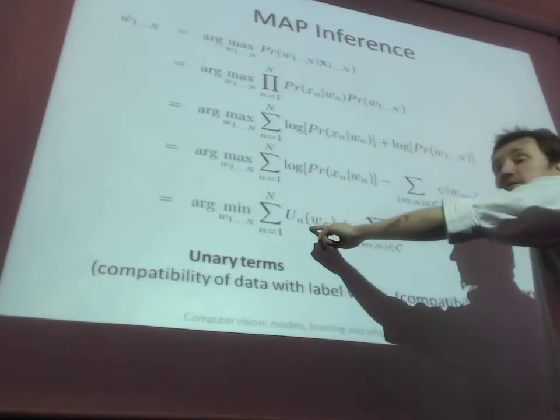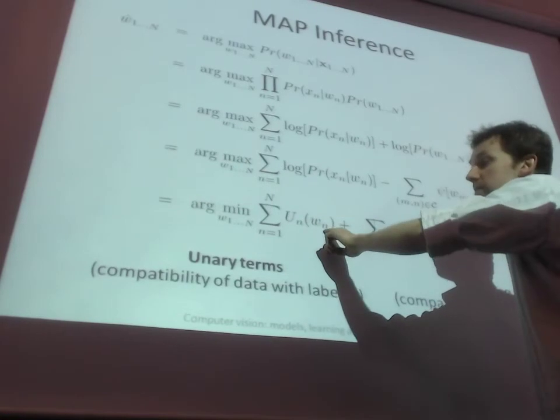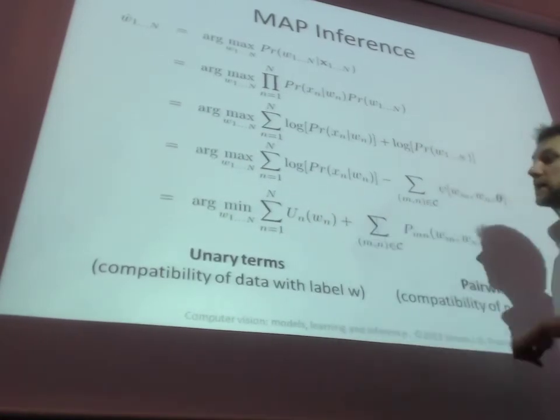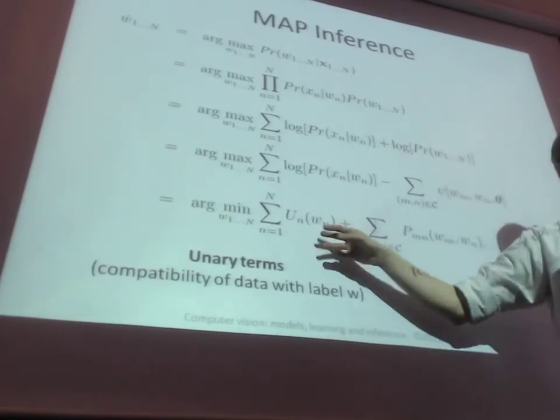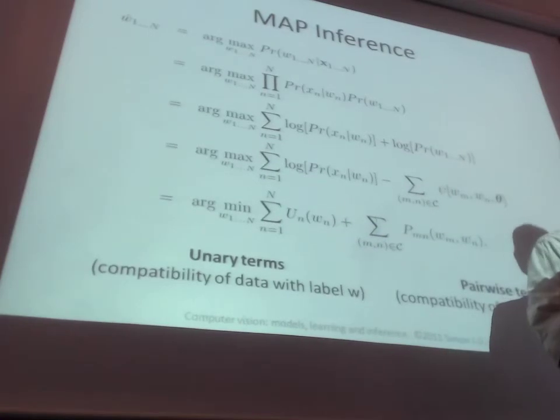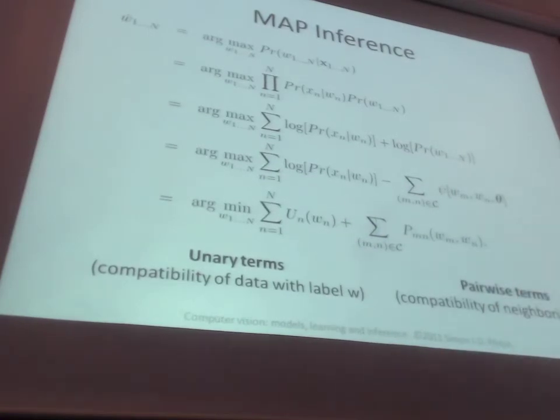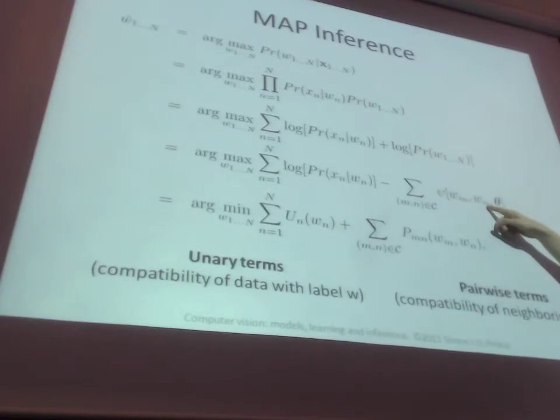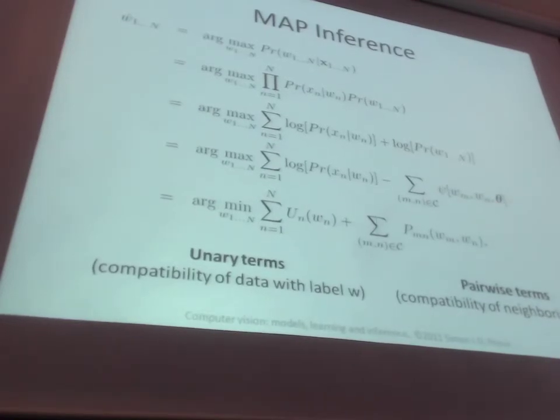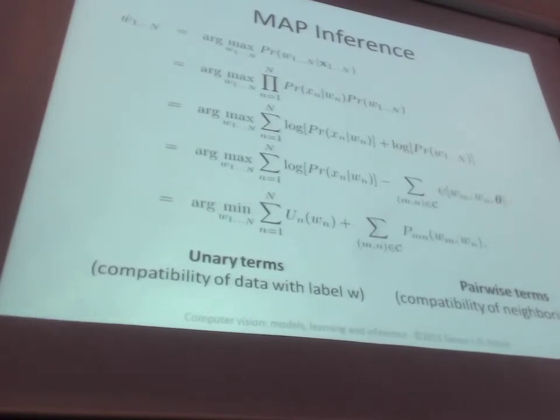The unary cost, as always, is saying, at site wn, tell me what is the cost of associating that w with that x. And the pairwise terms are saying, I've got some kind of prior, and I'm going to enforce that prior. I want site m and site n to be in agreement, as much as possible.